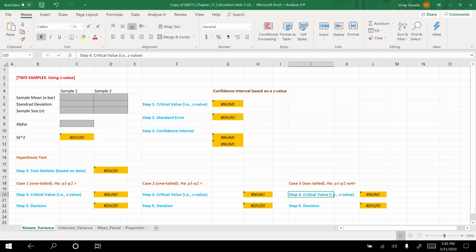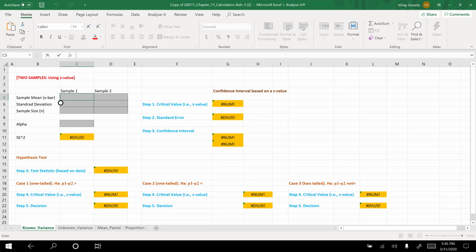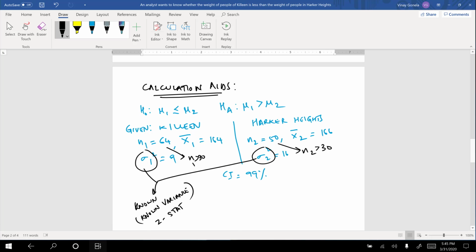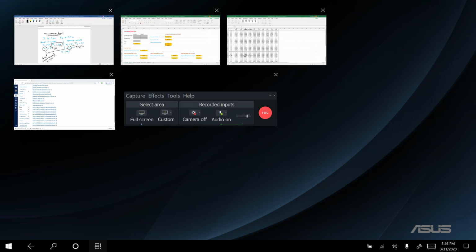So I will go to the known variance sheet and type in the values. So sample 1, let me see what my sample mean is. The sample mean is 164, so I will type in 164.